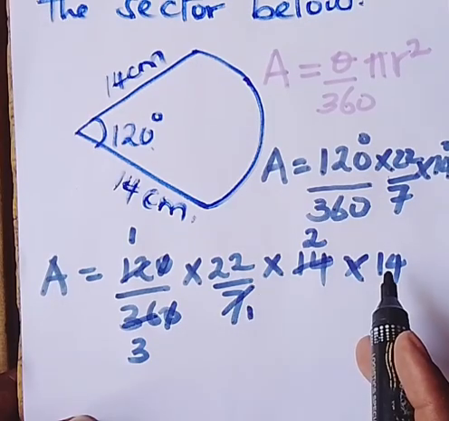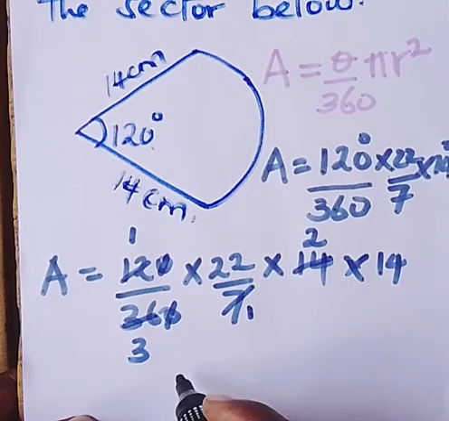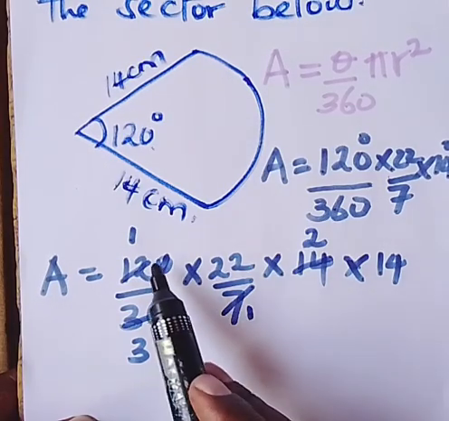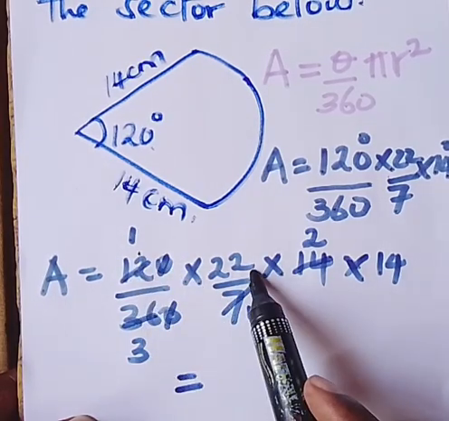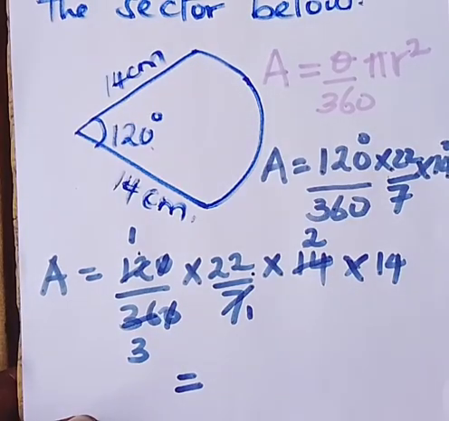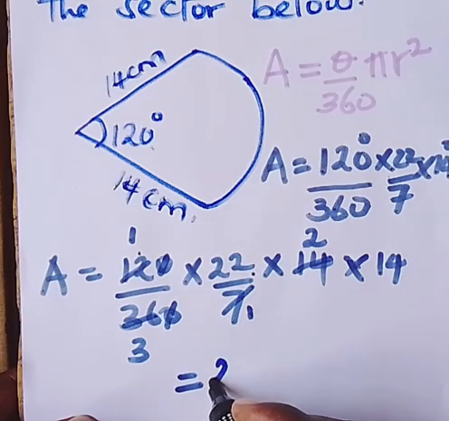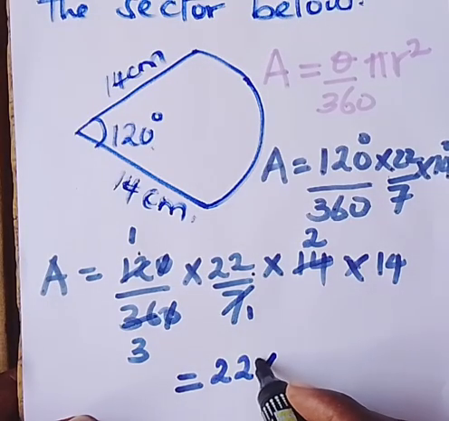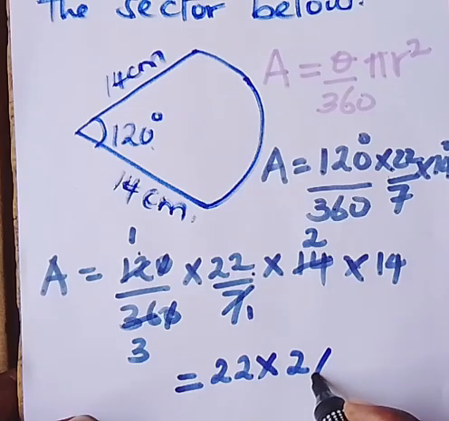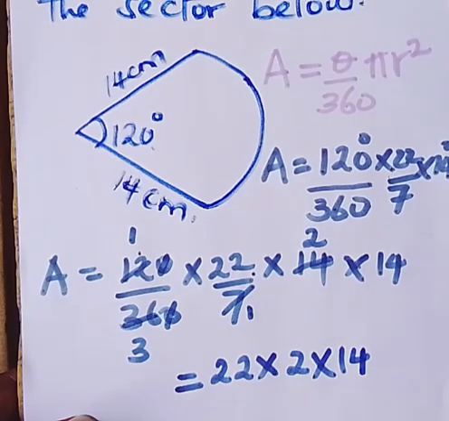So if there is nothing we can simplify further, we can now multiply the numerators. This is 1 times 22, you just get 22, times 2 times 14.